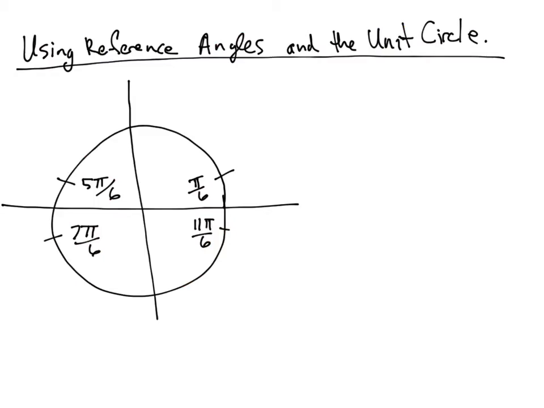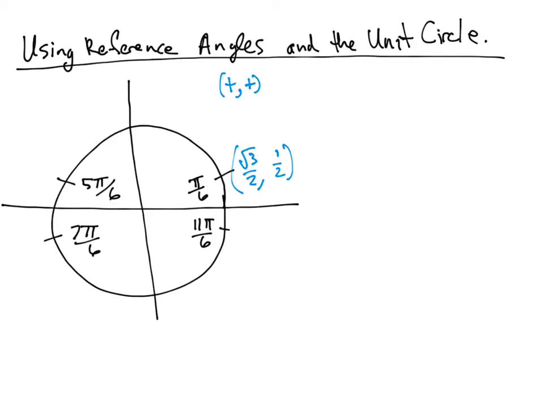So reference angles are really helpful when we are working on the unit circle. So I have 5 different angles on this unit circle. What I'm going to do is label the coordinates for each of these angles. So at pi over 6, I have coordinates of root 3 over 2 and 1/2. Now, remember, in the first quadrant, the x-coordinate is positive and the y-coordinate is positive.